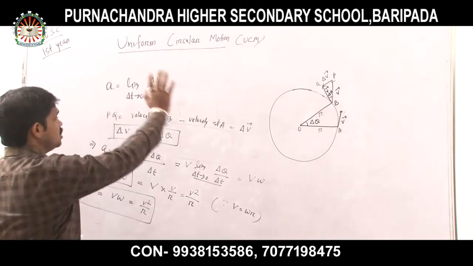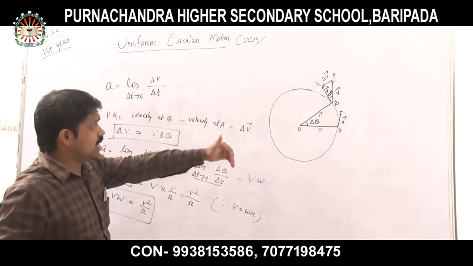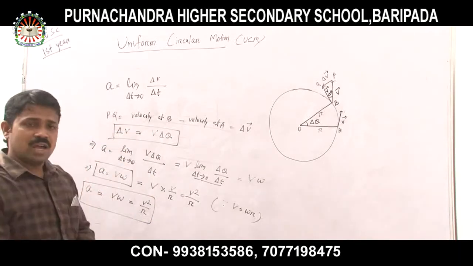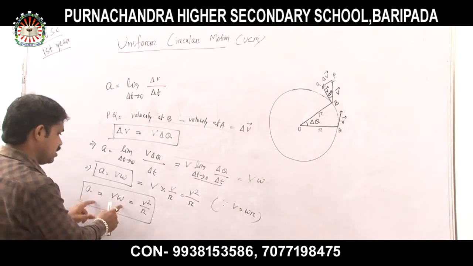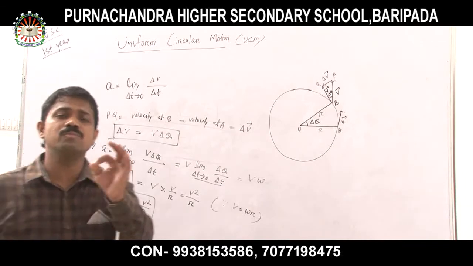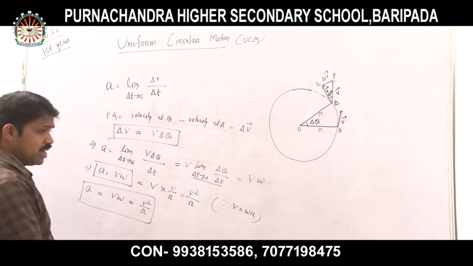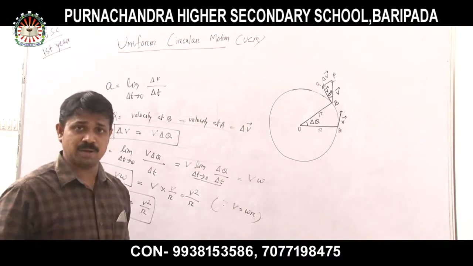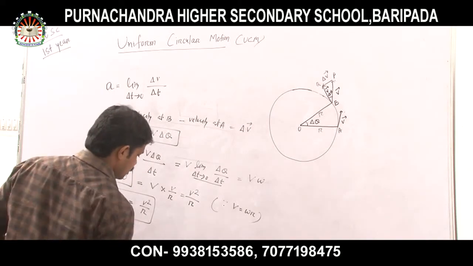So this is about how the acceleration is directed and what centripetal acceleration is. This relationship is very important, and it is only valid for which type of motion? Uniform circular motion, not any other. Clear? These are the important concepts you must remember.